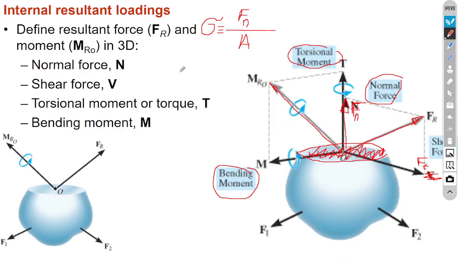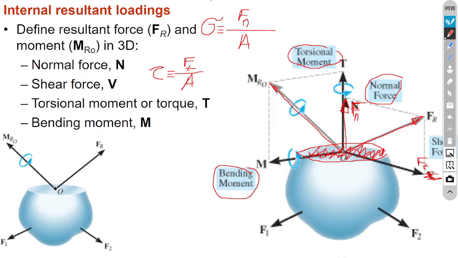Okay, if we process the tangential component, F tangential, called shear force, divided by the area of the surface, this ratio is again called stress, but it is the shear stress, not normal stress. For denoting the shear stress, we use the Greek letter tau: sigma, then tau.